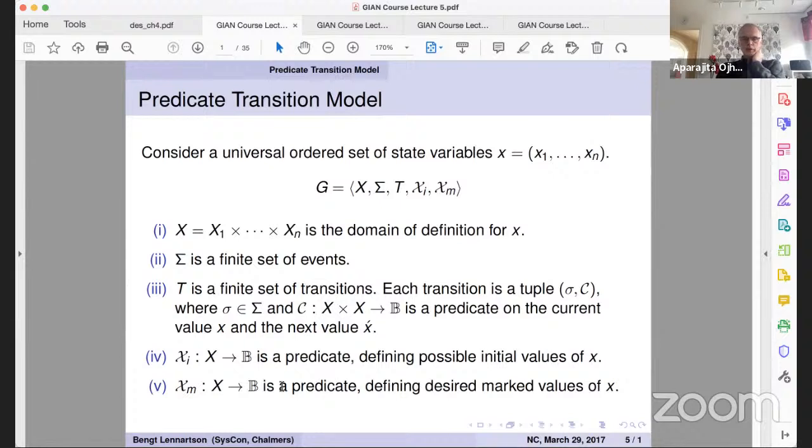And in the same way, you can also decide goal states, either as one unique state or as a set of states, depending on how you formulate your predicate.